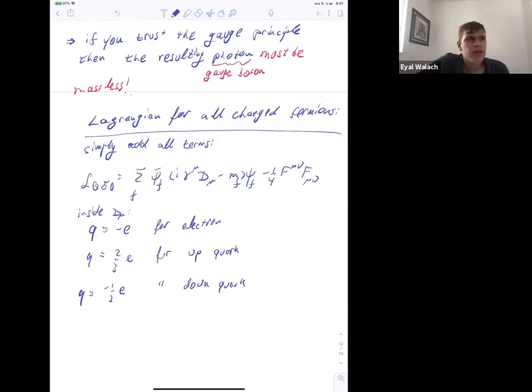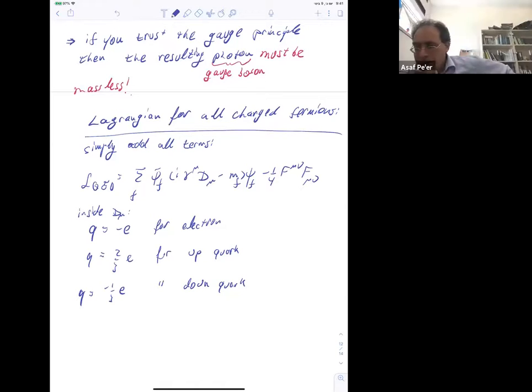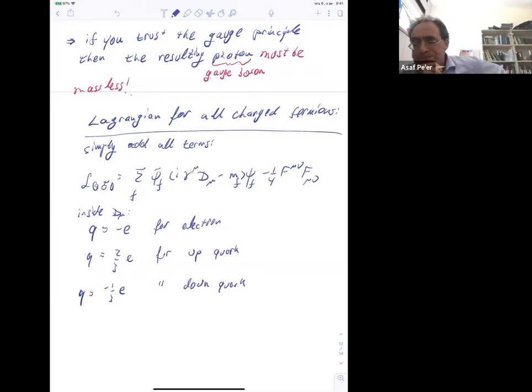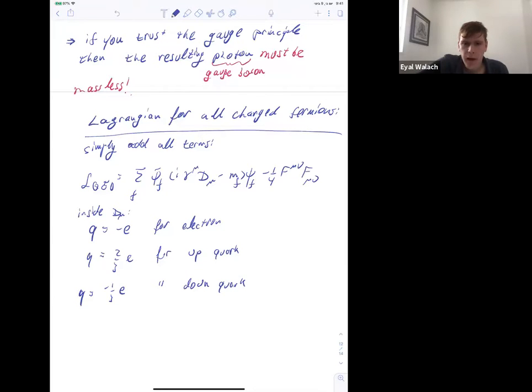Or not the value of Q, that's clearly not, but for example, is there anything that tells you the up quark must have twice the charge of the down quark with opposite sign? Not within this framework, no. This is a free parameter of the model. So each charge is a free parameter of the model. You don't get it right away from here.